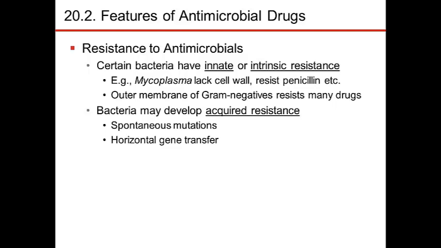Some microbes are resistant to antimicrobials innately. Some microbes are able to acquire resistance to antimicrobials. The acquisition of drug resistance can occur through spontaneous mutations in critical chromosomal genes.